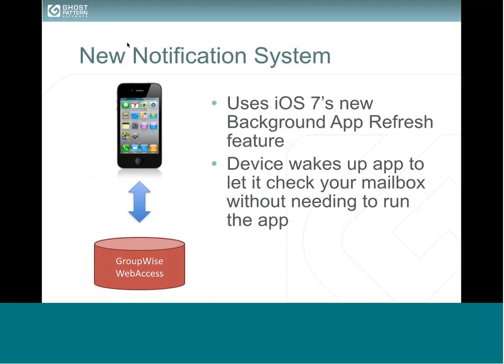So the new app does this. You can set a minimum time in between when it goes and checks for new data, and as long as you have the background app refresh setting on for the app, it will go out and regularly check your mailbox, and then it does a notification.